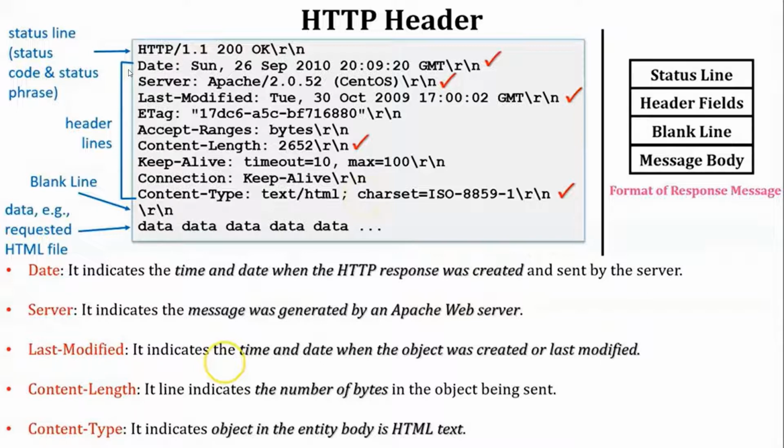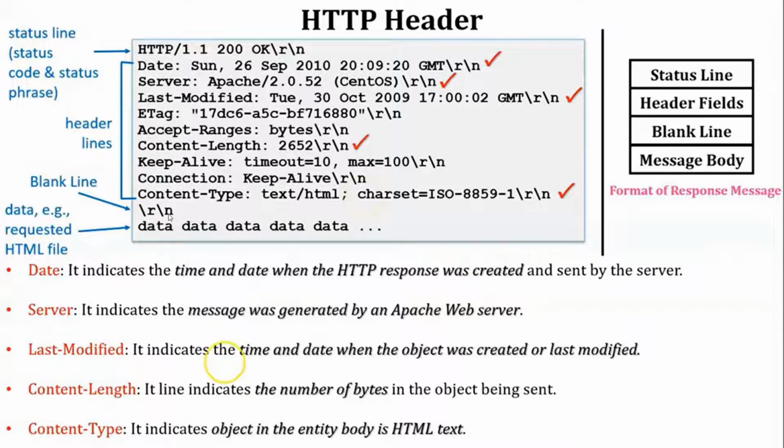From the second line onward, it shows the header lines of the response message. After the header lines, it shows the blank line. Here backslash r and backslash n are the carriage return and line feed, which start a new line. The blank line indicates the header field is over, and the last field of the response message is the message body.